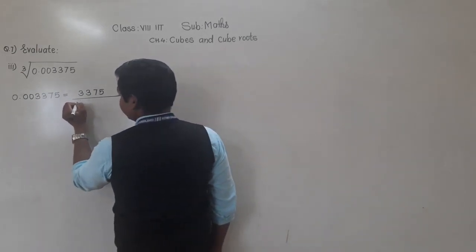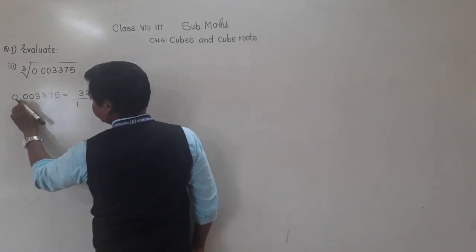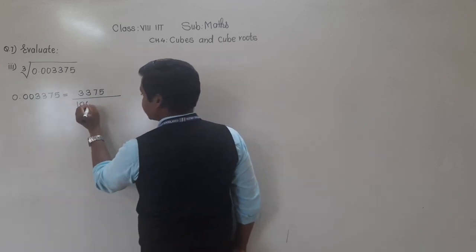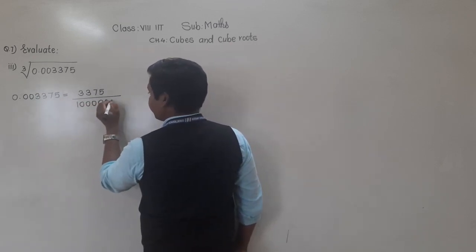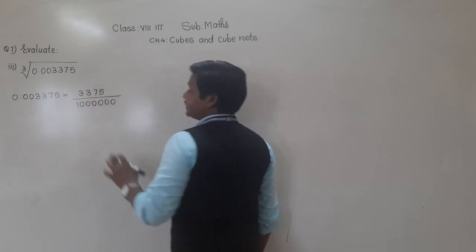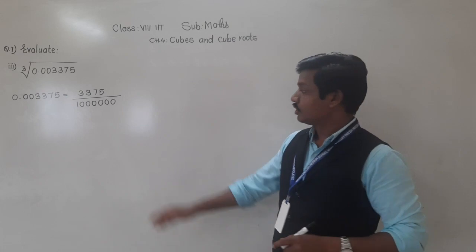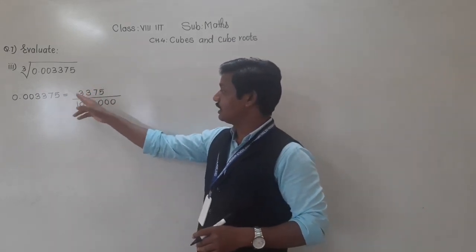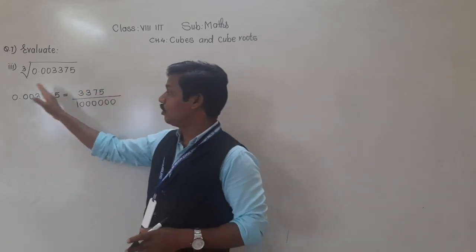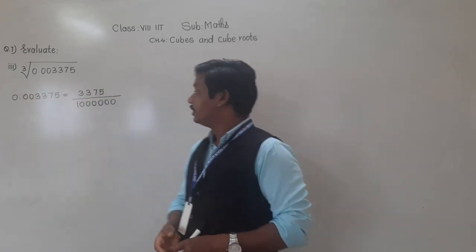Write here 1, and after the decimal point there are 6 digits, that's why put 6 zeros after 1. So 1, tens, 100, 1000, 10,000, lakh, 10 lakh. It is 10 lakh. So 3375 upon 10 lakh. This is the common fraction form of this decimal number.